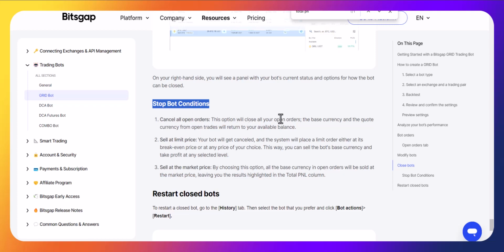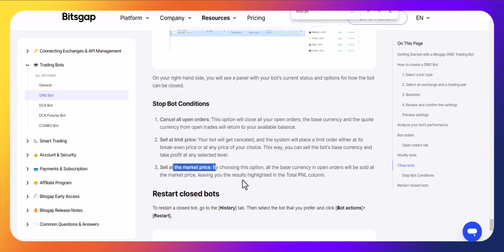This option will close all your open orders, the base currency and the quote currency from all open trades, and return your available balance. You can sell at the limit price. Your bot will get canceled and the system will place a limit order at its break-even price or at any price of your choice, or you can sell at the market price.